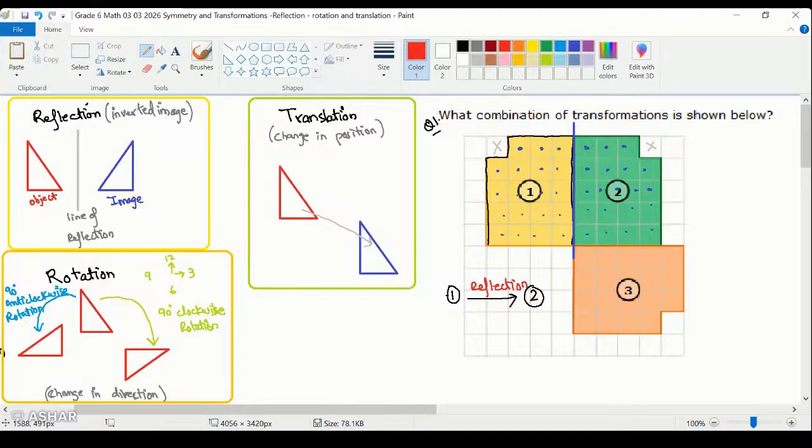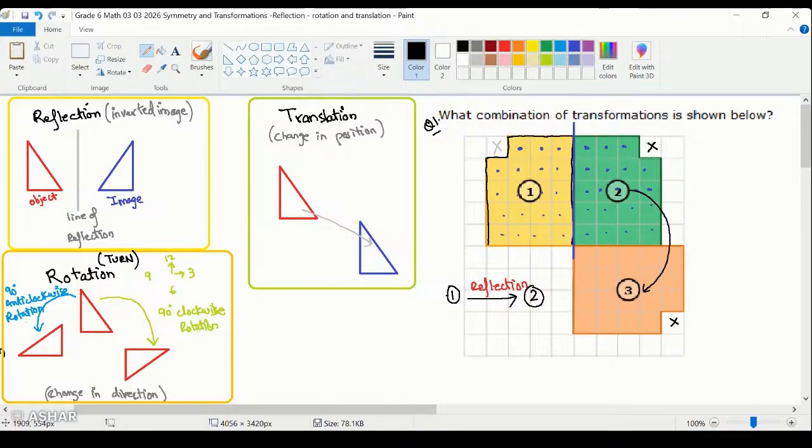Now look at from 2 to 3. Yes, it turns, and whenever it turns, it changes the direction, right? Rotation means you turn. Agreed? That means 2 is turned onto 3 because the empty box was here. Now the empty box comes downwards.